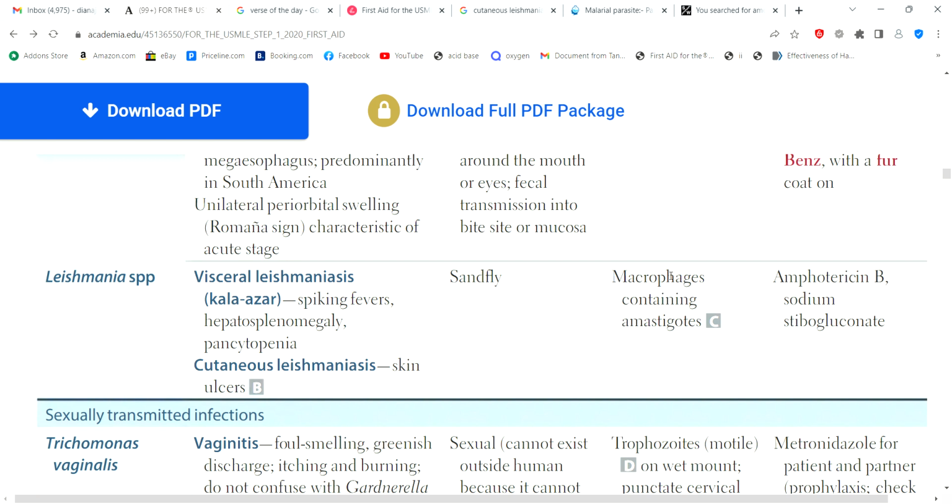This one causes African sleeping sickness. Don't get it mixed up, okay? African sleeping sickness is caused by Trypanosoma brucei. It is enlarged lymph nodes, recurring fever due to antigenic variation, somnolence, and coma. It is carried by the tsetse fly.